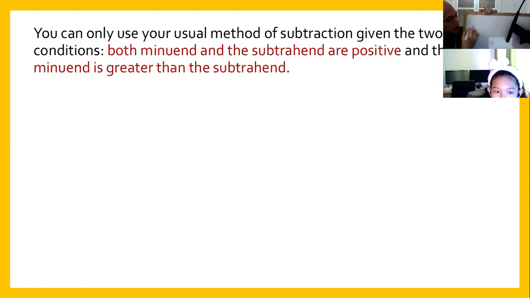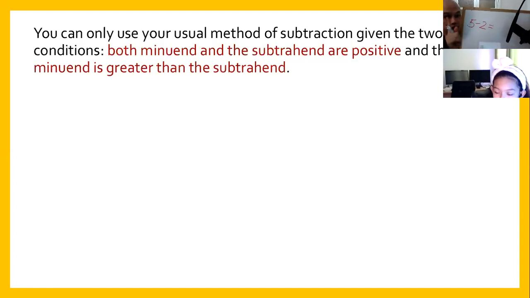Positive 5 minus positive 2 equals. Now, listen very carefully: in which situation can you do subtraction right away? This exact situation. Why?